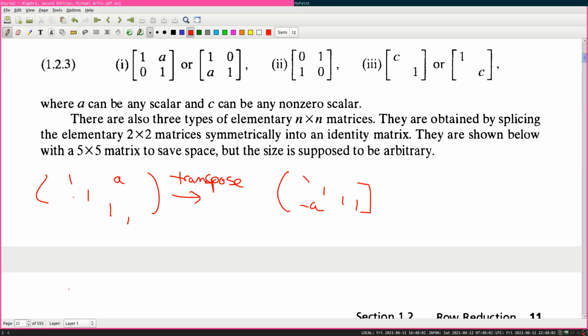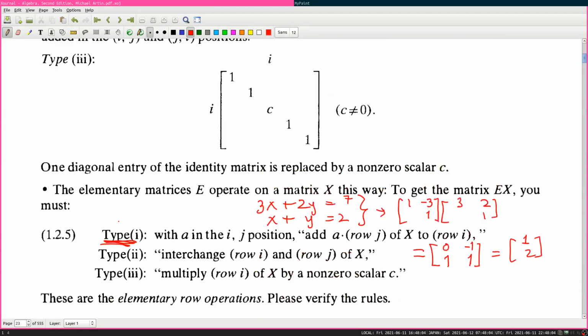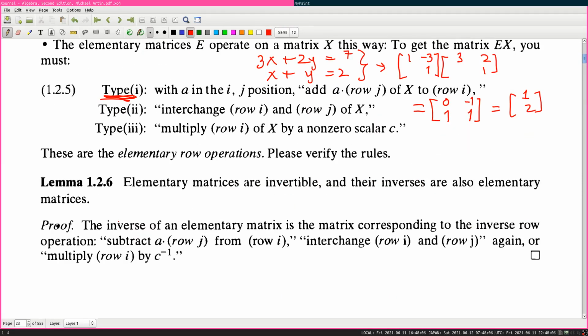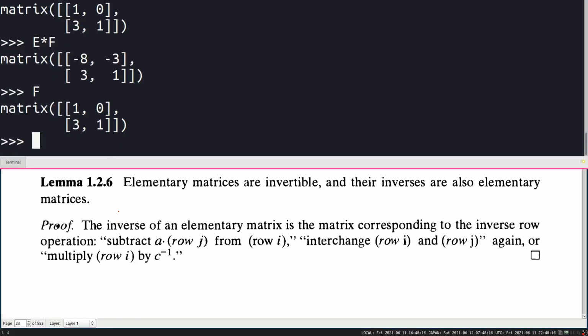Let's actually see, let's try np.linalg.inv.